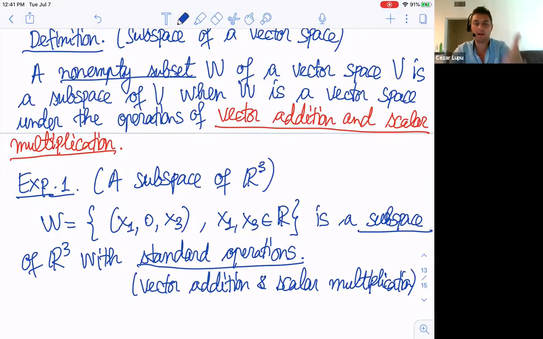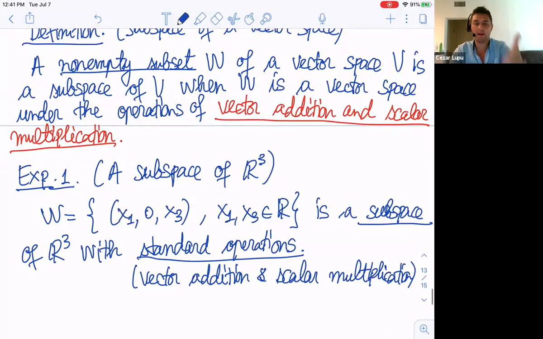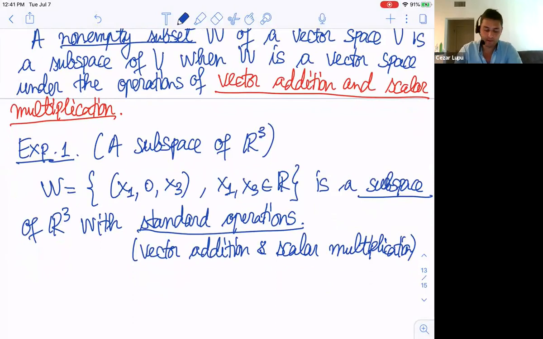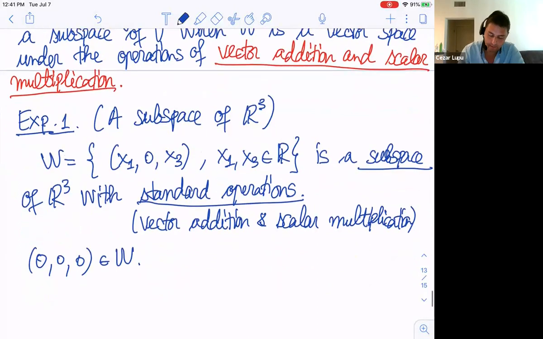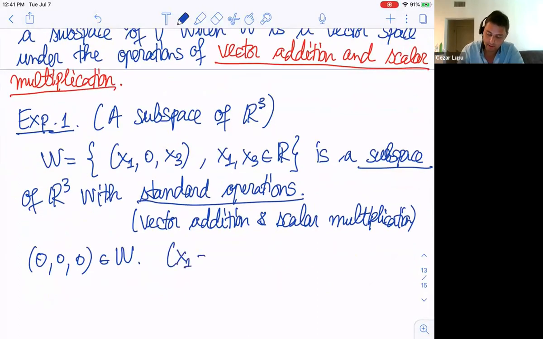For example, like Liliana says, the zero vector, (0, 0, 0), belongs to W, correct? You just take X1 equal to X3 equal to 0. These are real numbers, no problem.